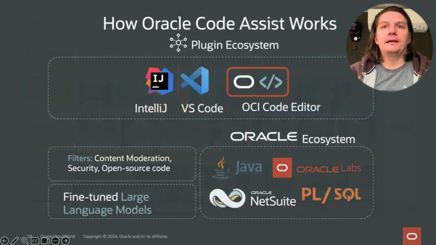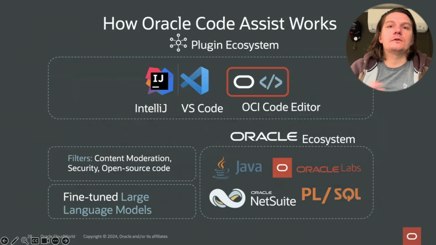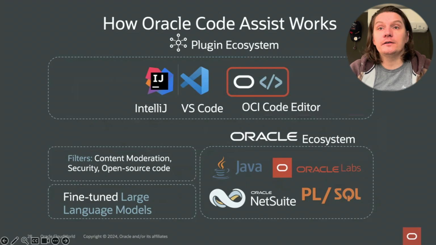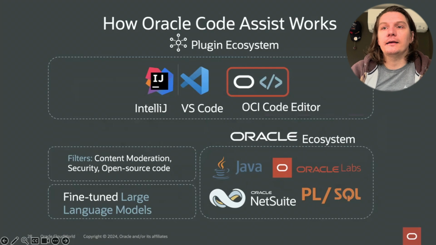Very quickly, in terms of how it actually works, we touched a little bit on it earlier. As I mentioned, our model is fine-tuned on diverse data sets. We're using some of our IP and our internal projects, the bigger projects, to ensure that the outputs you're getting are highly capable and tailored to your needs.